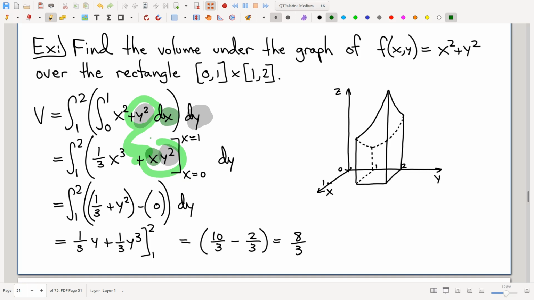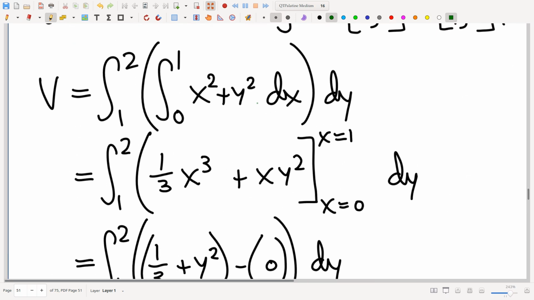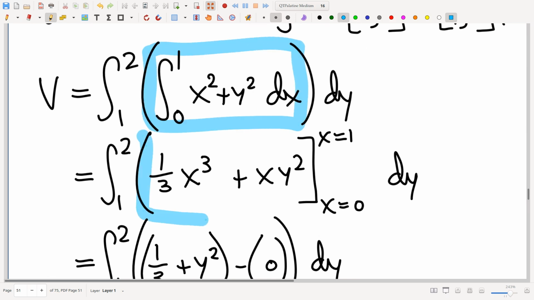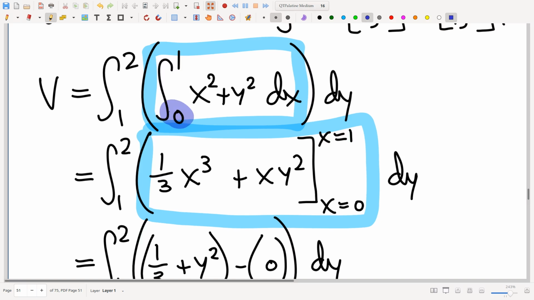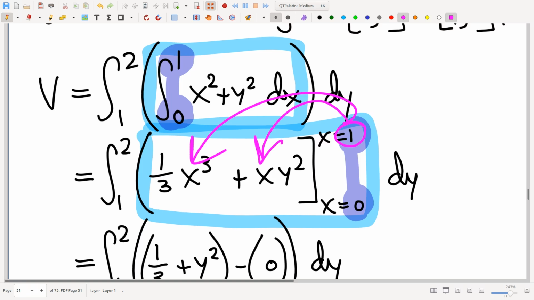Okay. All right, here's the second stumbling block, and you see this a lot. I see this a lot. As you're computing this inside integral, you do the antiderivative, you take the bounds, let's see, our bounds here are 0 and 1, so you've got your 0 and your 1, and then you start plugging this stuff in, so you're going to take that value of 1, you're going to plug it in, and here's the whoopsie.